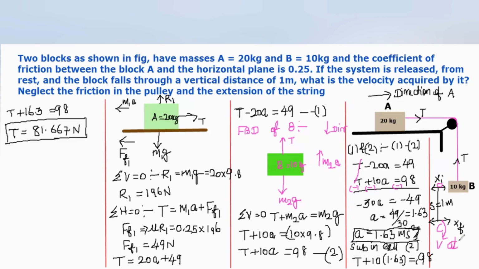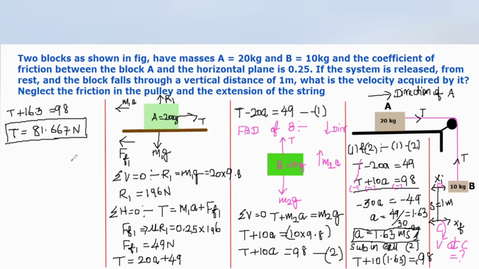Velocity at C, that is the required velocity. From this initial position O, when the object falls 1 meter to C, the final position, what will be the velocity at C when it moves downward with the acceleration 1.63 meter second power minus 2?